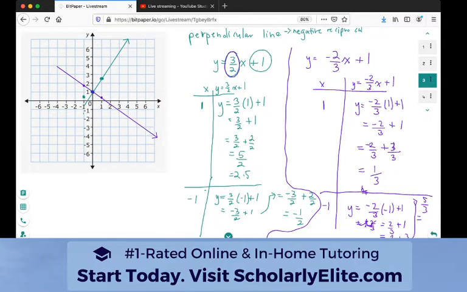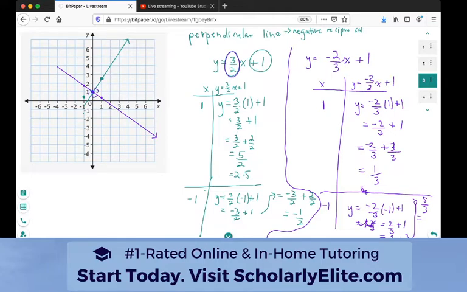Great. Okay, guys, so these are two perpendicular lines. And one thing that we want to make sure we understand is that when we have a perpendicular line, we can see in the graph that they are perpendicular because inside here, where they intersect, we've got 90-degree angles.